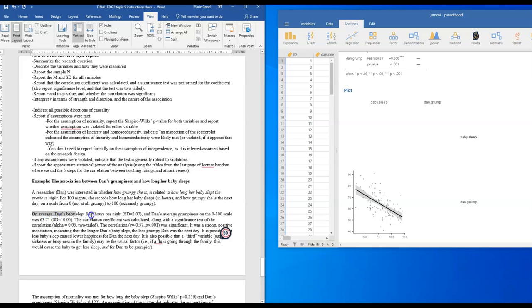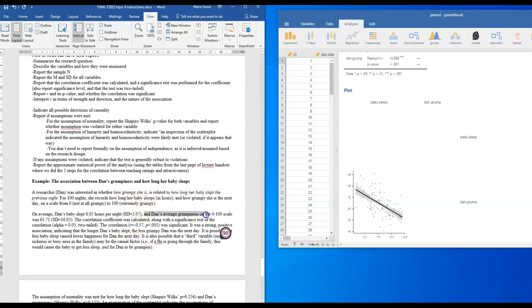So this is what you want to write, not the mean for baby sleep was 8.05, SD equals 2.07. That's technically reporting the mean, but you can see how phrasing it like this is just much more clear and easy for an audience to understand.